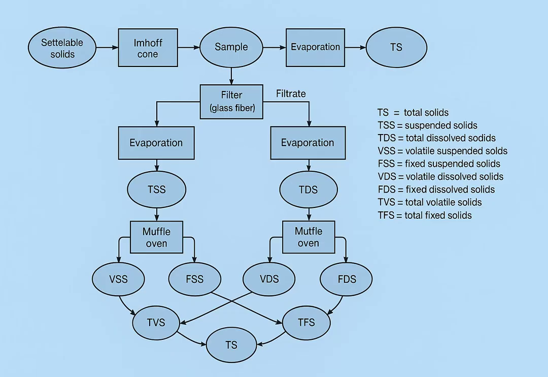Right. Now let's talk about what passes through that filter. Total dissolved solids, TDS. You mentioned it includes colloidal solids. That sounds a bit tricky. It can be. So TDS is measured by taking the water that passed through the TSS filter, evaporating it, and drying the residue. But it's not just truly dissolved ions like salt. It also includes colloids. Colloids, like super tiny particles.